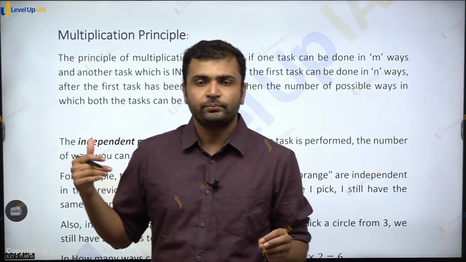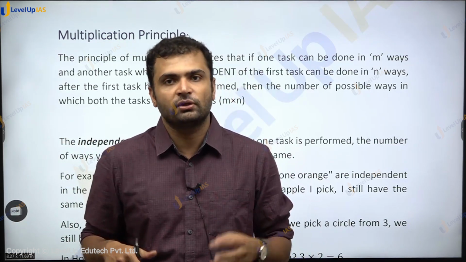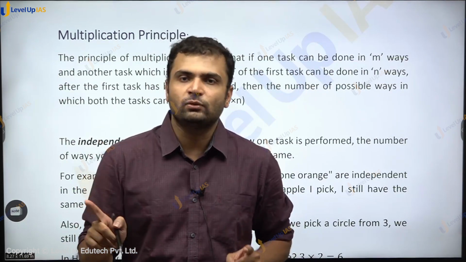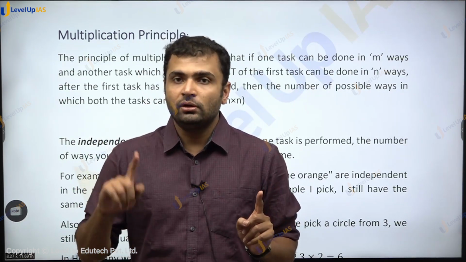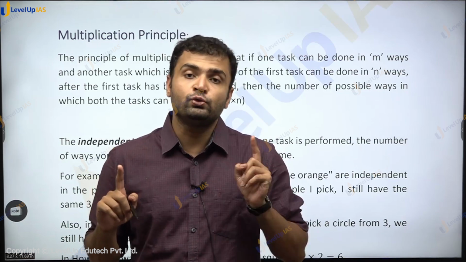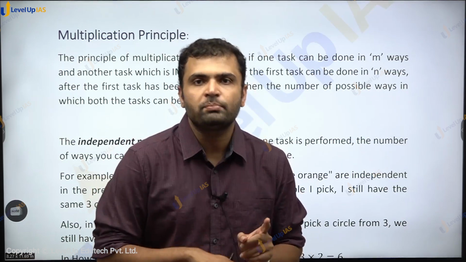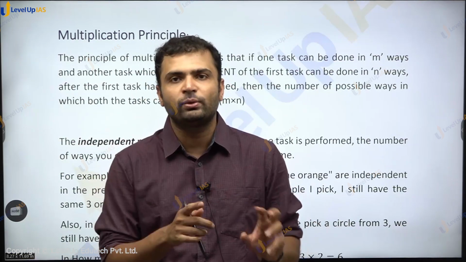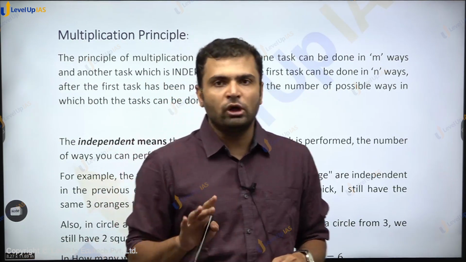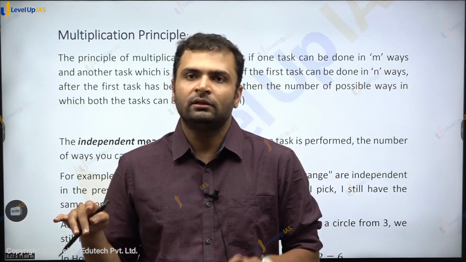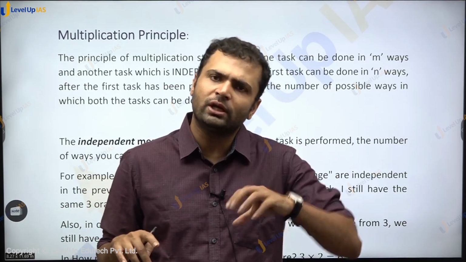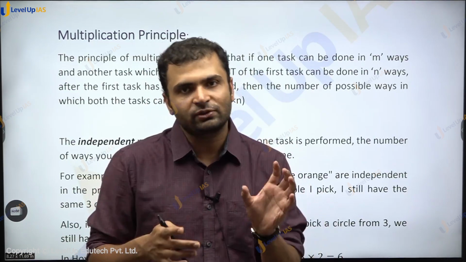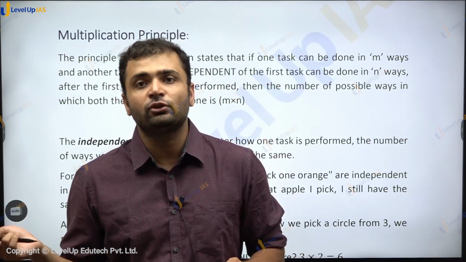So we wanted to choose two shapes, one circle and one square. So we want to do both task 1 and task 2. And in task 2, choosing a square, does it matter which circle I choose? उस पे कुछ डिपेंड करता है क्या स्क्वायर का चॉइस? नहीं। सर्कल आप कोई भी चूज कर लो, you choose any circle, the choice of square is still, you can choose any one of the two squares, there are still two squares left. So the choice of squares is independent of the choice of circles.